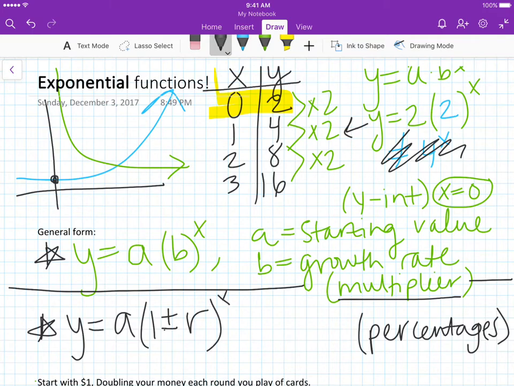We'll just keep it as x. Where r, right here, is my rate as a decimal. This is important, as a decimal. So we're going to keep this in mind when we go through these problems.